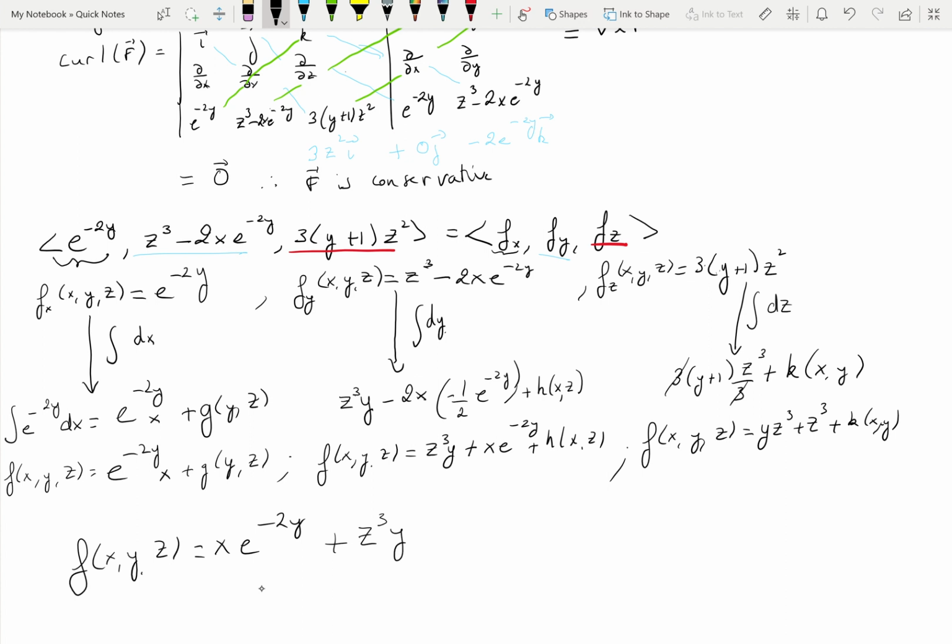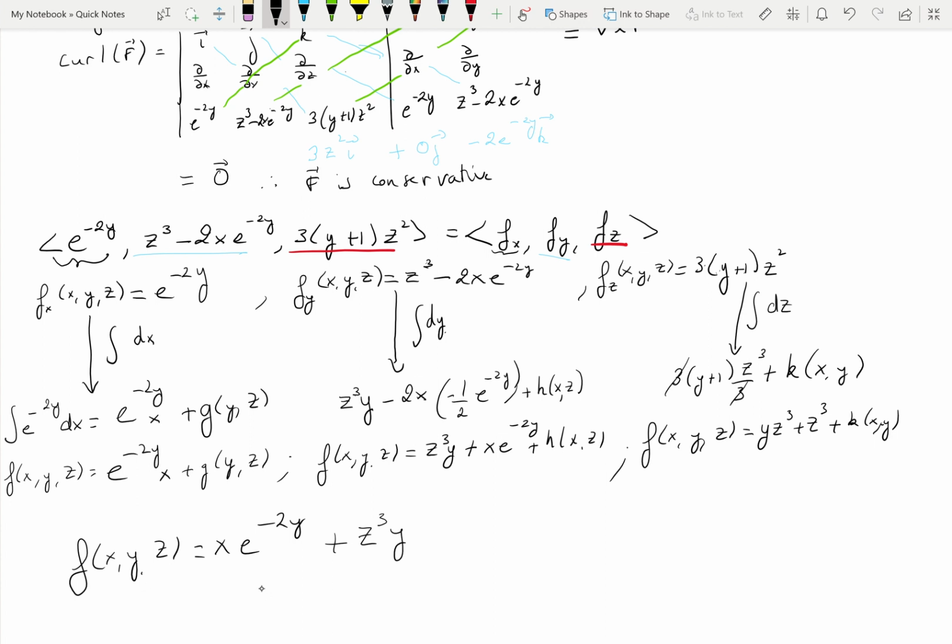And then x e to the minus 2y, well, here that is a common part of the object, that if I look from the x or the y direction, that part of the object is not obstructed. So I don't repeat it because I already actually saw it from the x direction. And now finally look from the top, like think about if z is the height, from the top direction, then we see the function that we partially recover is yz cubed, which actually I could see from the y direction.